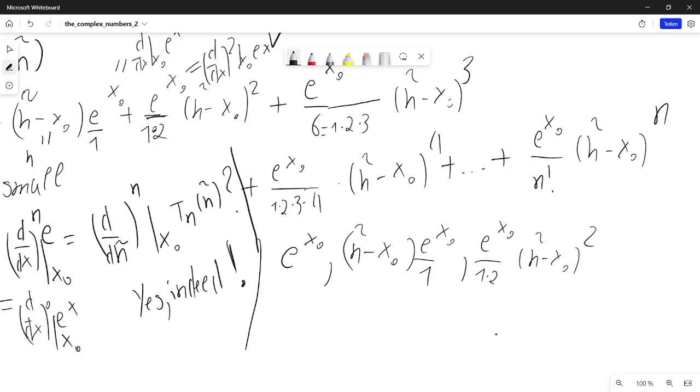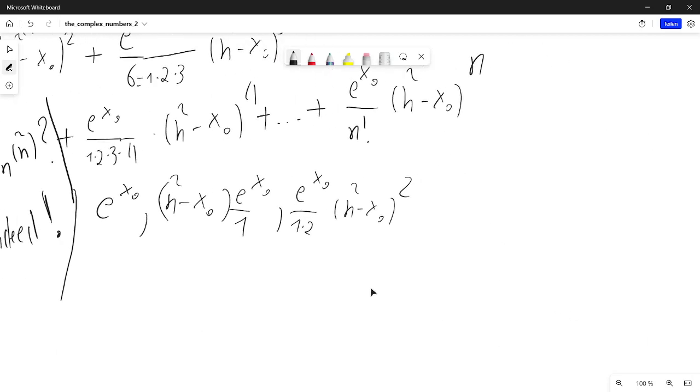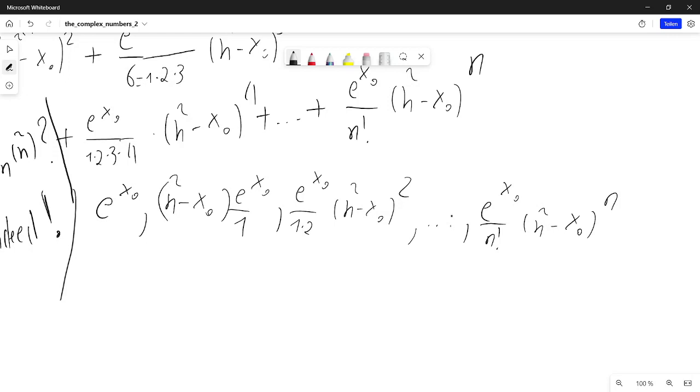By given x h2 and x0, so no problem with that. This is now a sequence, and this continues on and on, right?